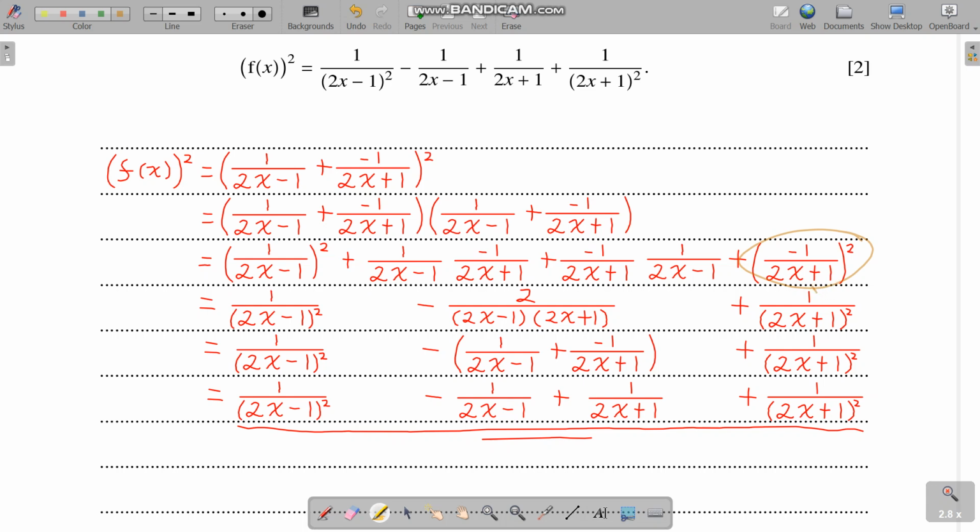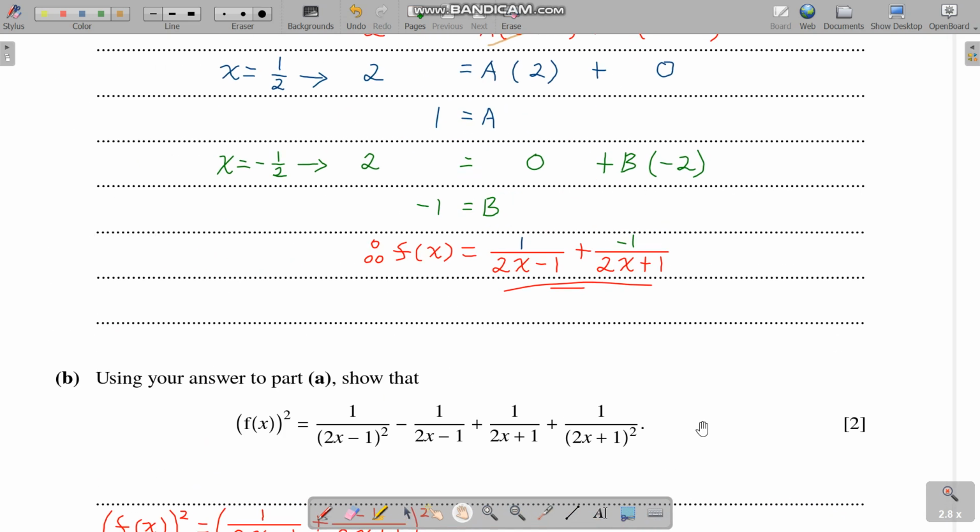1 times minus 1 is plus 1, so this is what we get. So it's plus and this is exactly the same, so just add the numerators, minus 1, we get minus 2 here. And if you look at this again, this is exactly the same as the original f of x.